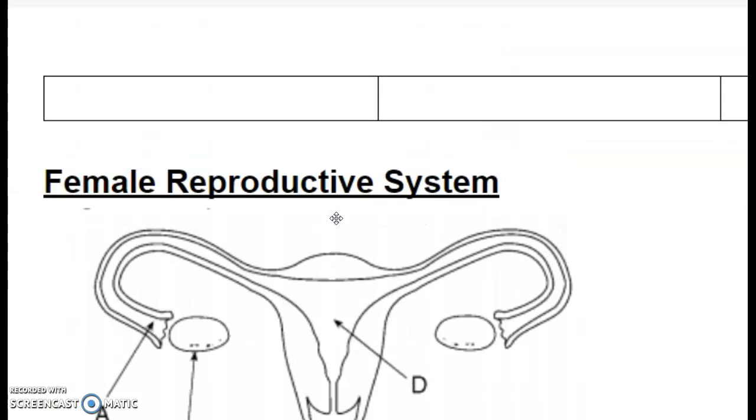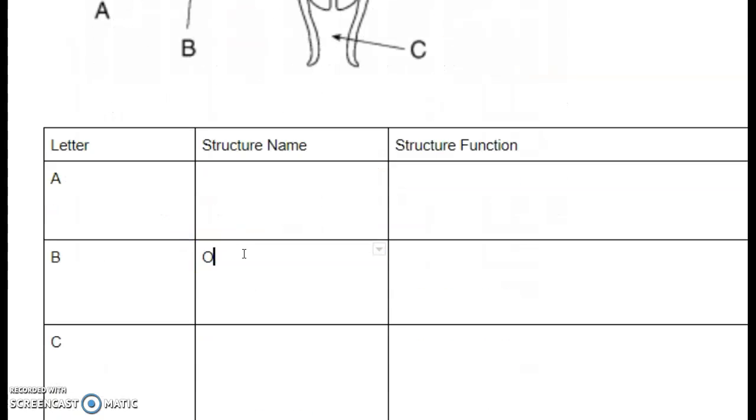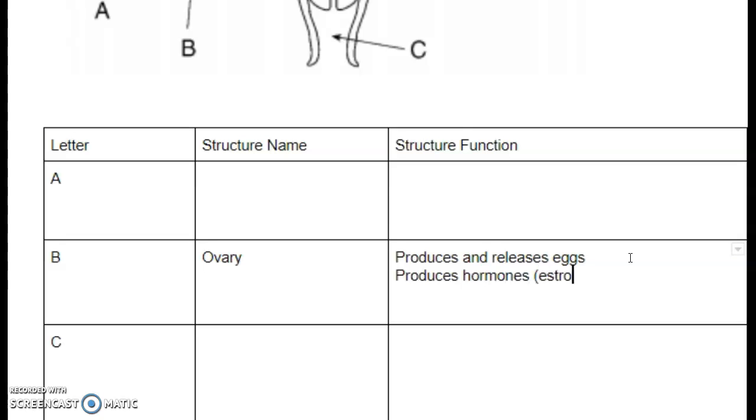So again, if we go down to the female reproductive system, the one that we focus on today was B, which is the ovary, and that produces and releases the eggs, and also produces hormones like estrogen and progesterone. Those are the 2 ones that we really focus on.